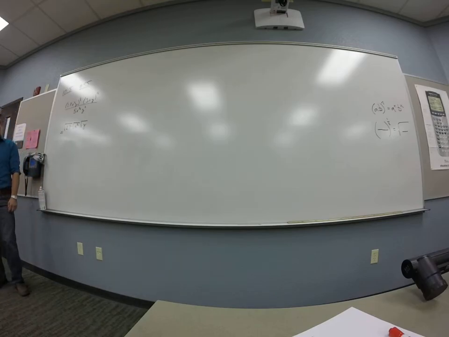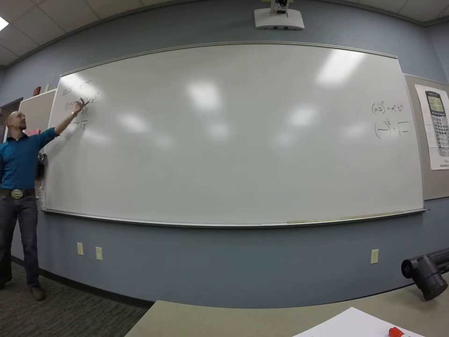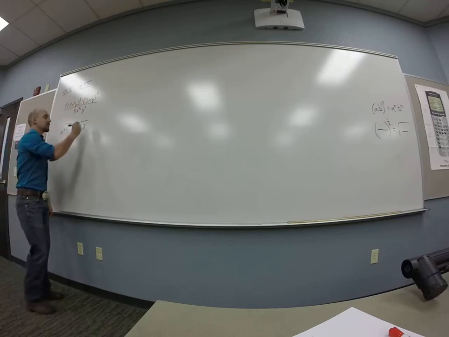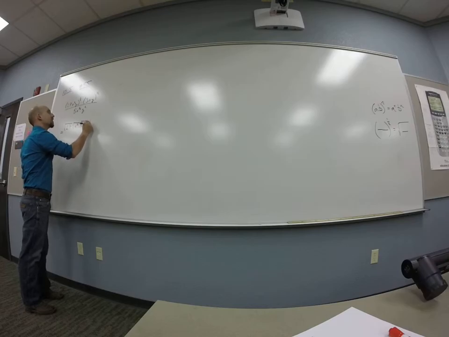So what do I do with this second piece? Same thing: just square root each of the pieces. It's all multiplied together, so it's all good. So I've got square root of 3, square root of x, square root of y.